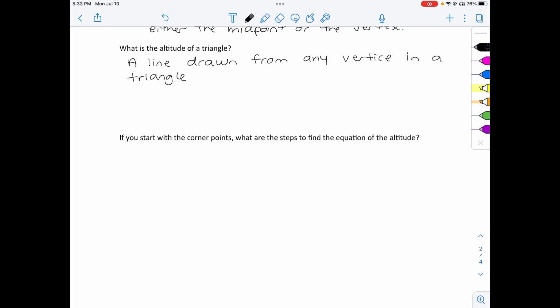Okay, so it is drawn from any vertex in a triangle to the opposite side. And the key thing here is that this line is perpendicular to that side length.